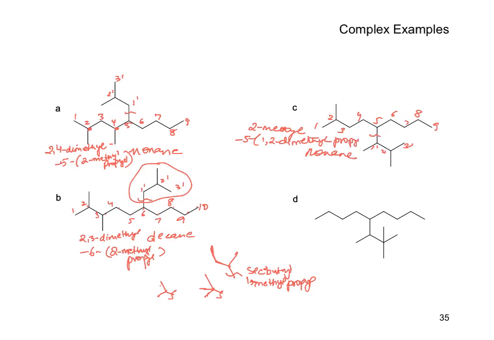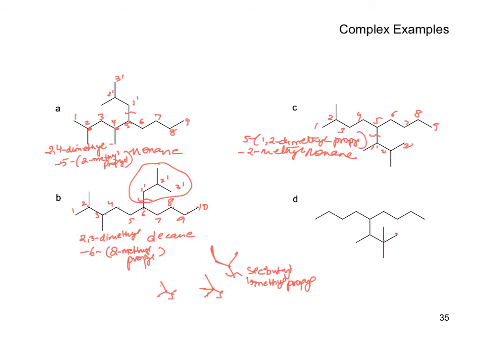What should I do? Yes, I need to change my alphabetization. So I must start my name with the 5, 1, 2 dimethyl, because there is a di within the name, and then say 2-methyl nonane. Okay, let's take a look at the last one.